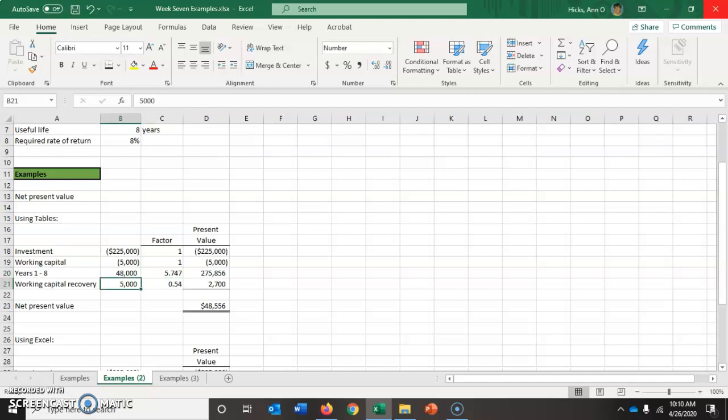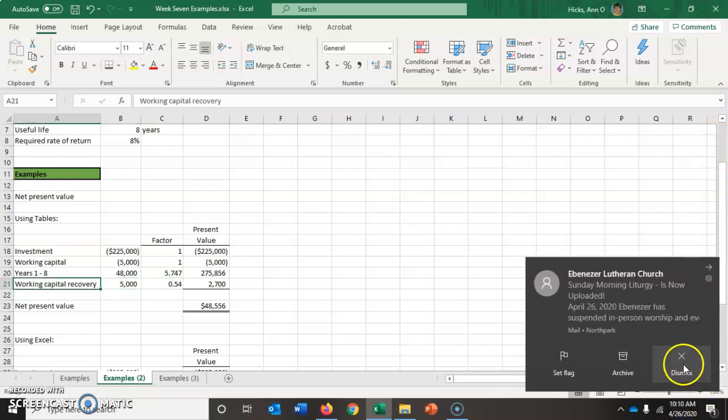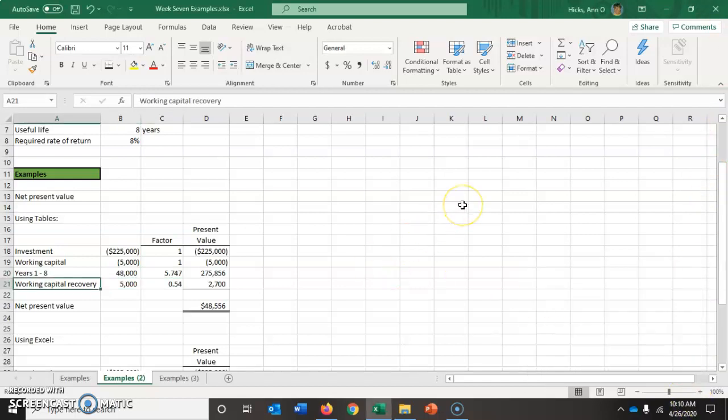The other new piece is that at the end of the 8-year period, we're going to get that $5,000 back. So you'll notice that what I've done is I have the $5,000. This is a one-time recovery. This is not an annuity like the 48.